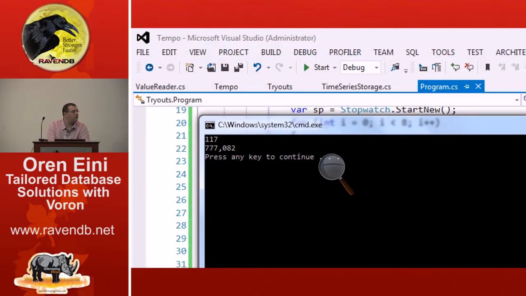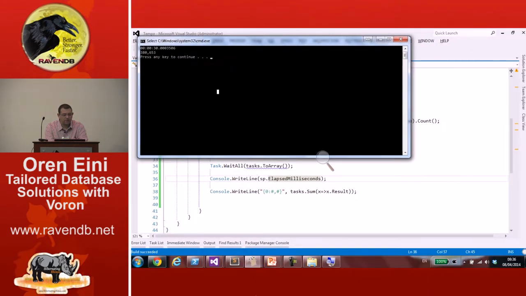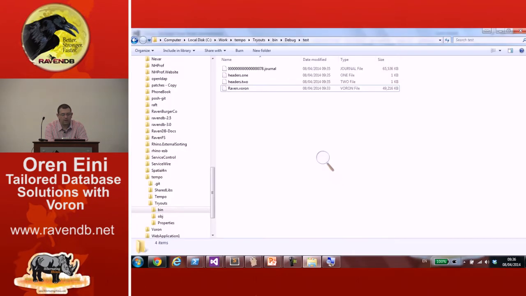So in under 200 milliseconds, we're able to read 700 items. And that's on a database whose size currently is, well, nothing.